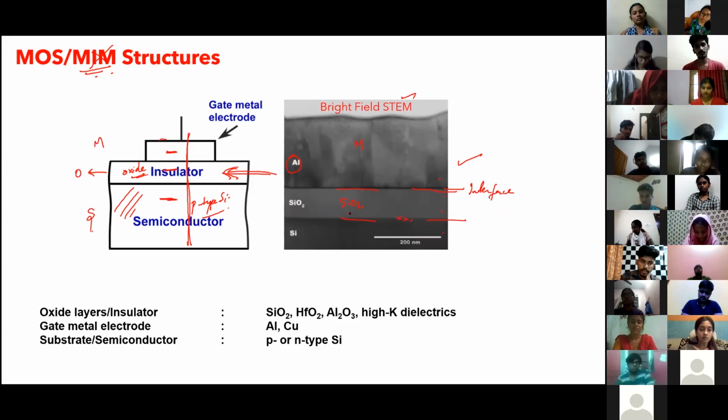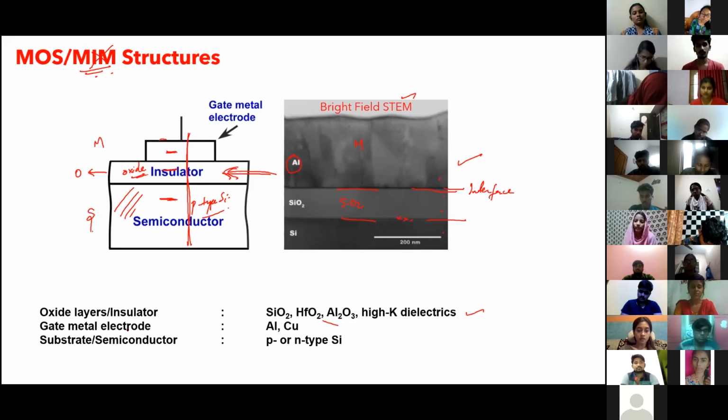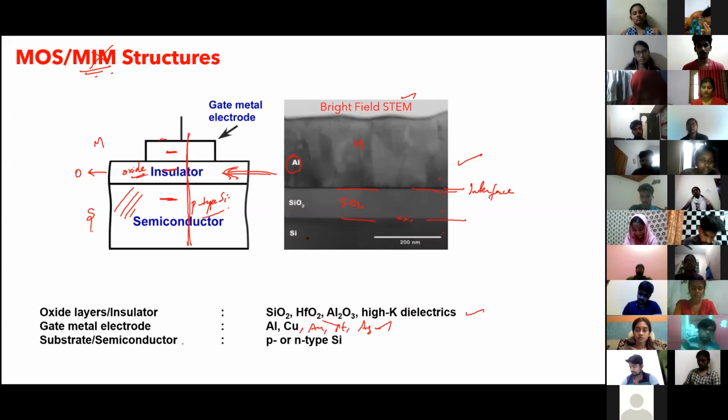I'm just listing some of the commonly used oxides for the oxide layer. And for gate metal electrodes, it's not just aluminum, copper. We use gold, platinum, silver, many conducting materials. These are mostly used as the metal electrode, and the substrate is normally the semiconductor here.